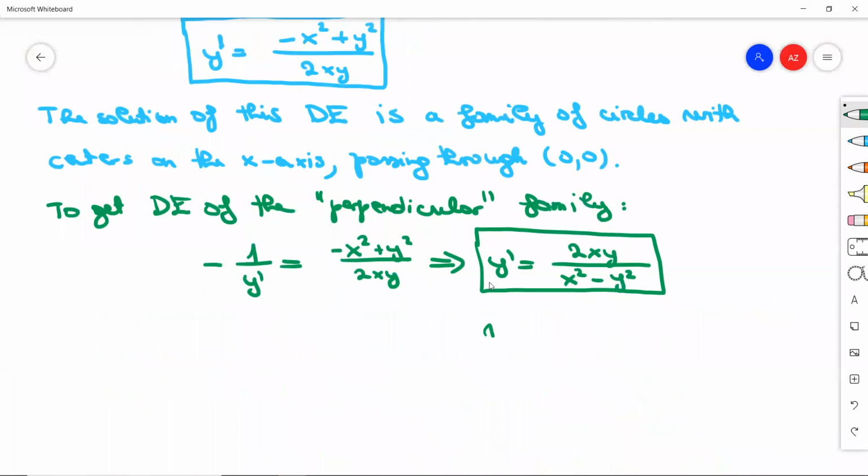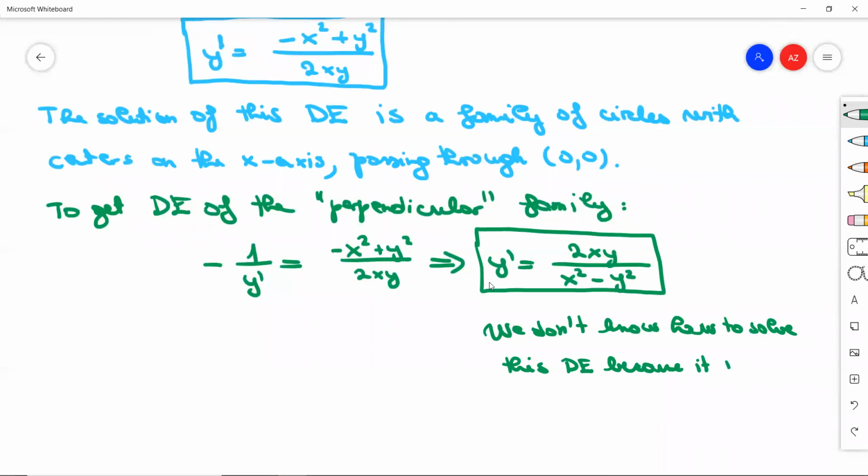So we don't know how to solve this differential equation because it's not linear and first order.